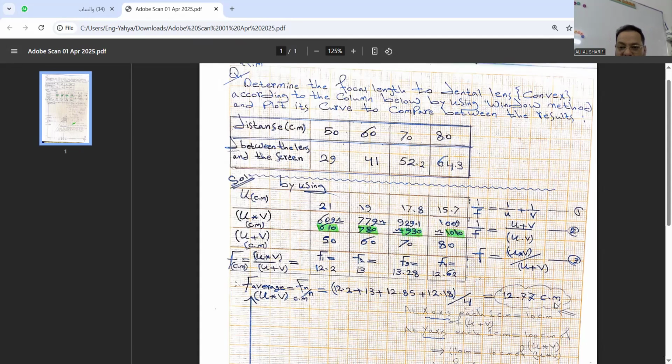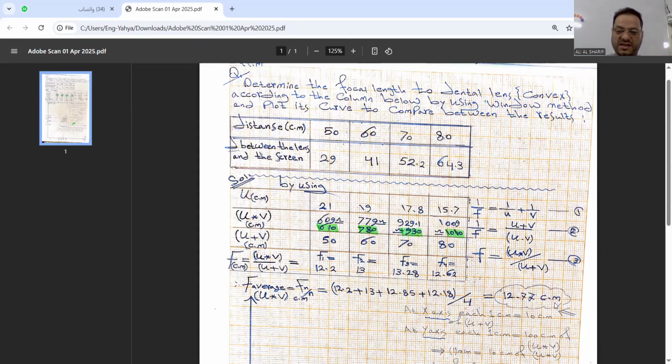That means the focal length of this convex lens is 12.77 centimeters. From the center of this convex lens, I can use a ruler to measure 12.77 centimeters.